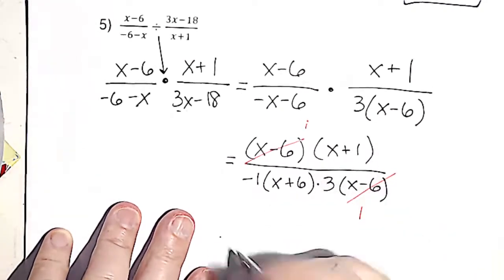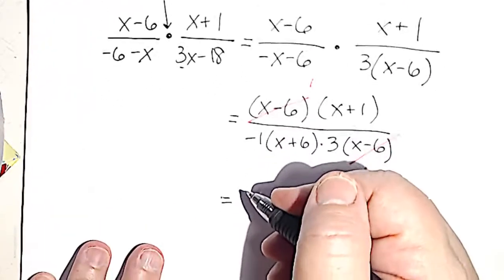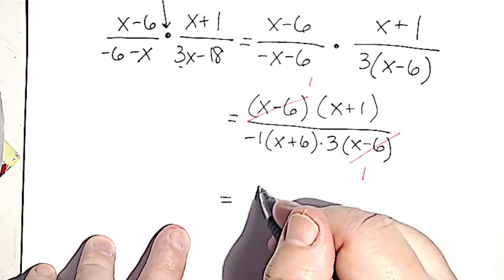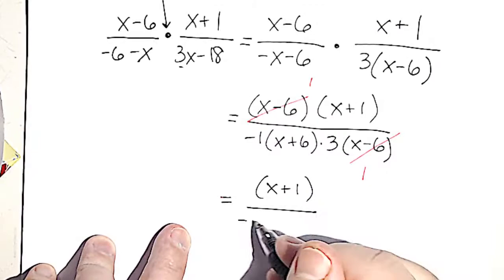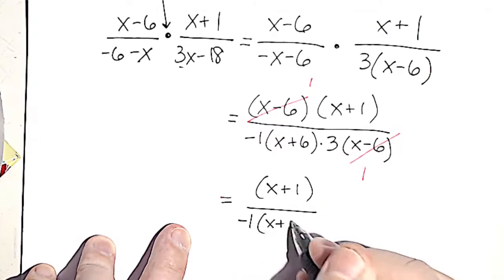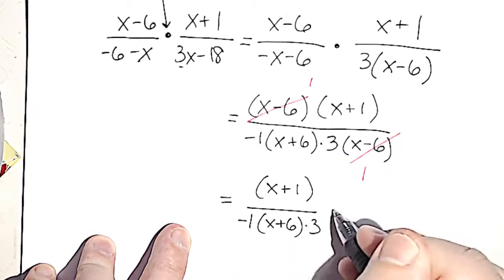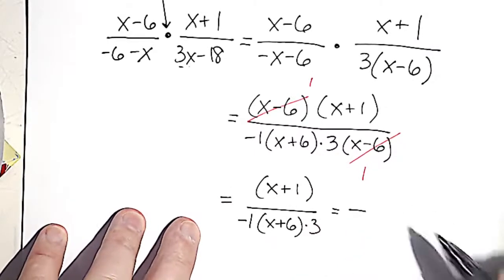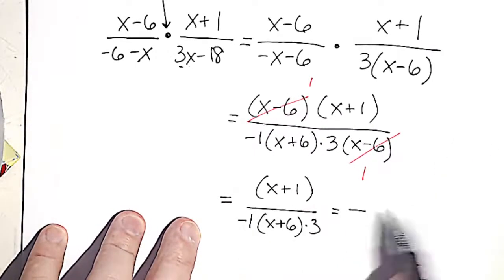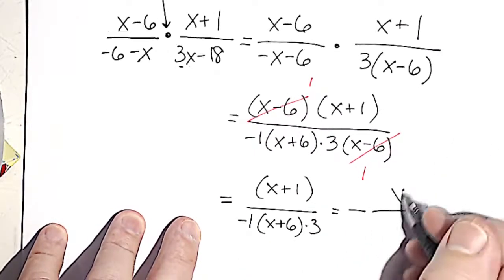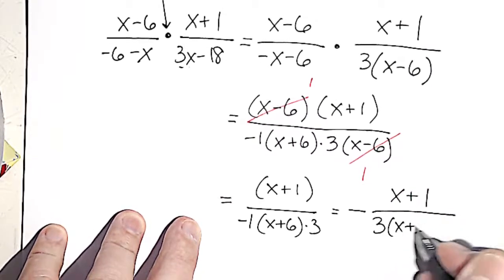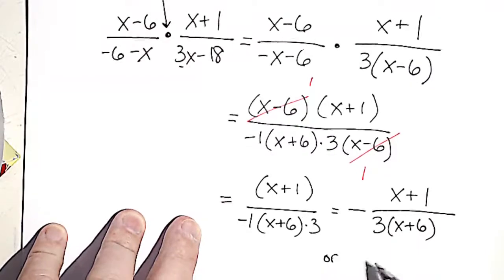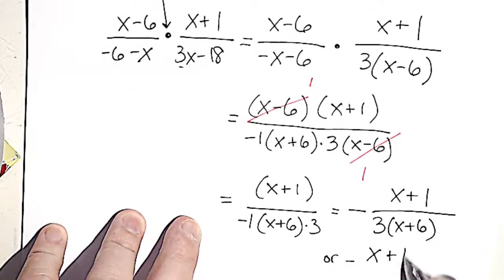So then I think I'm getting x plus 1 on top, and the opposite of x plus 6 times 3. I'm going to write the minus out in front. This minus is going to come out in front. X plus 1 on top, and then 3x plus 6 in the denominator, or x plus 1 over 3x plus 18.